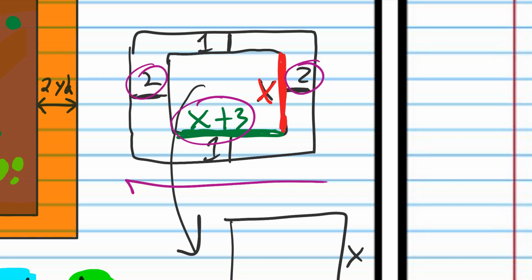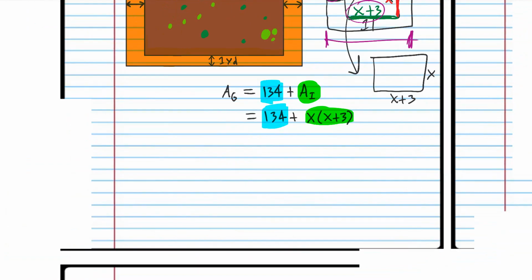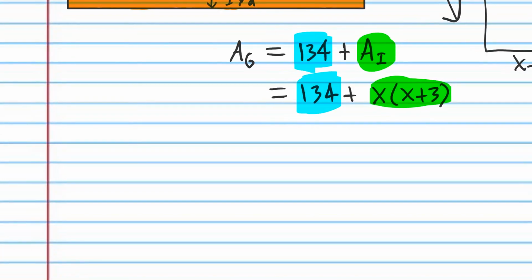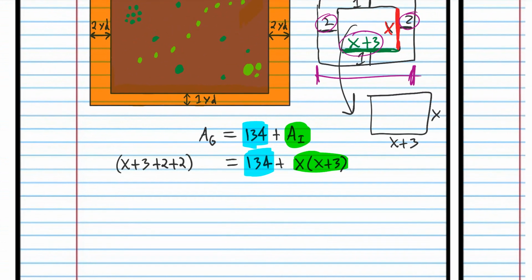And that's going to give us the total width of the entire garden, because we want to know the area of the entire garden. So x plus 3 plus 2 plus 2. That's the width.